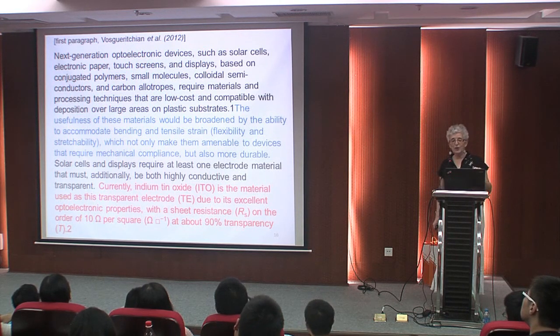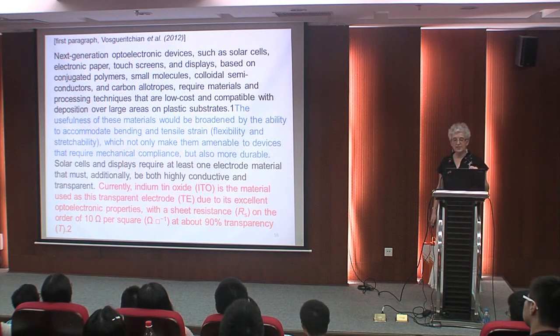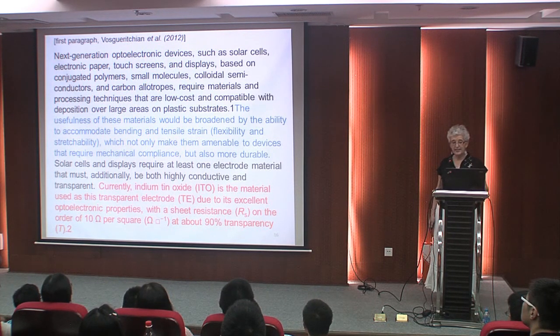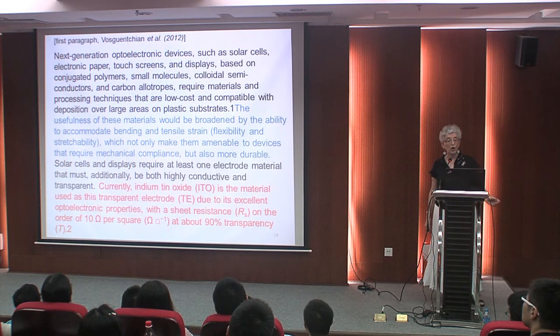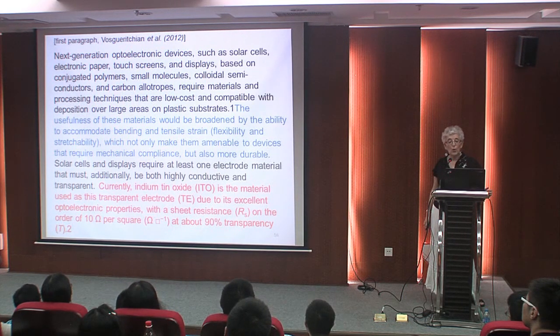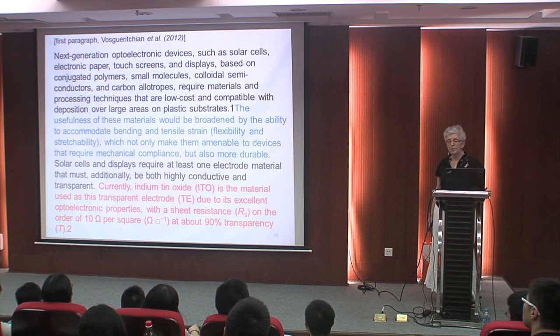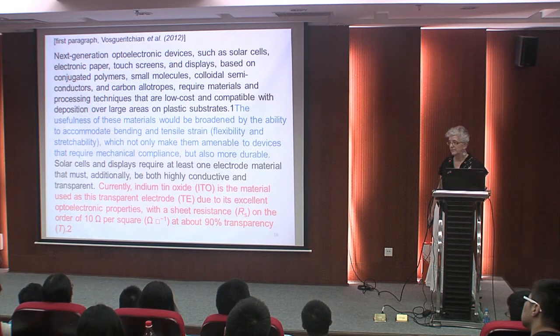Next generation optoelectronic devices, such as solar cells, electronic paper, touch screens, and displays, based on conjugated polymers, small molecules, colloidal semiconductors, and carbon allotropes, require materials and processing techniques that are low cost and compatible with deposition over large areas on plastic substrates. Claiming importance. Yeah?